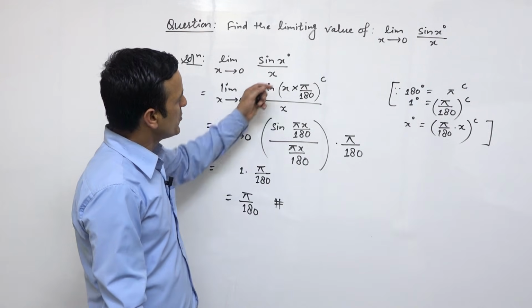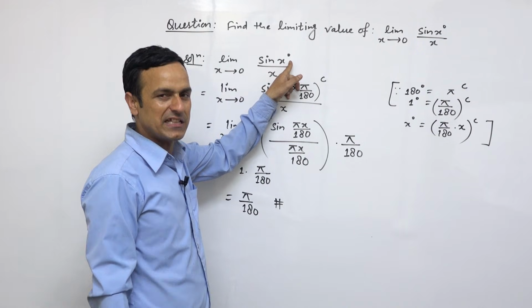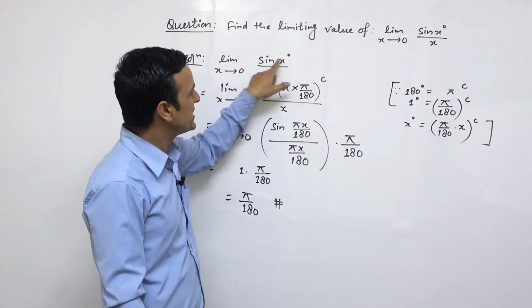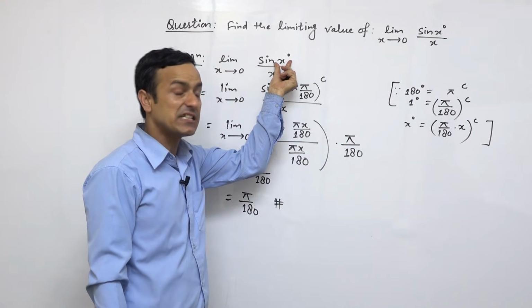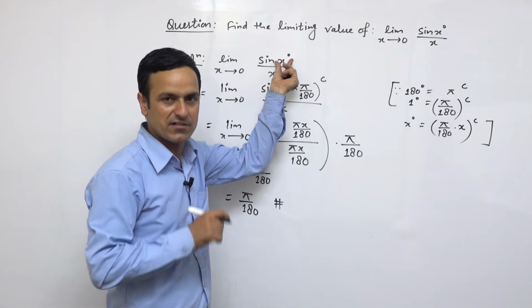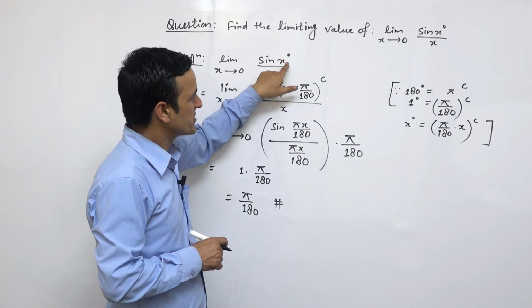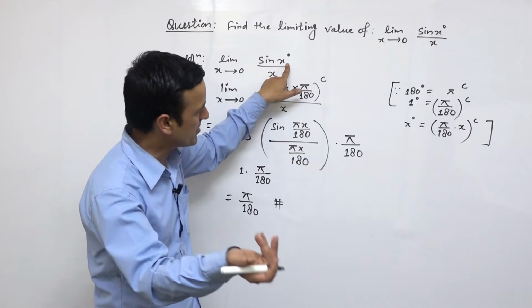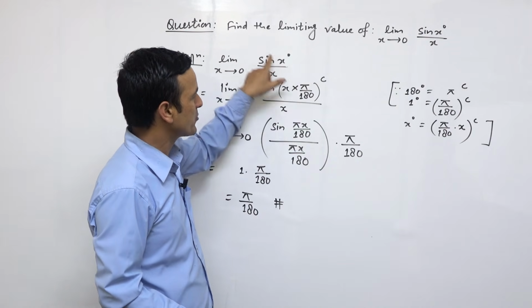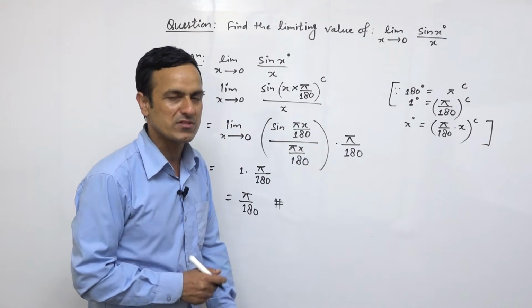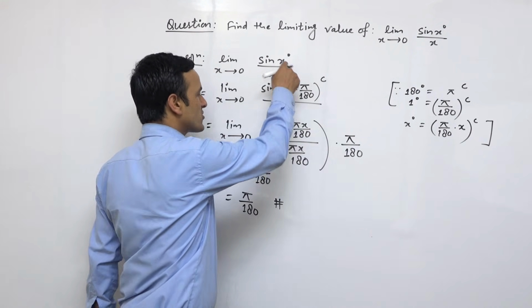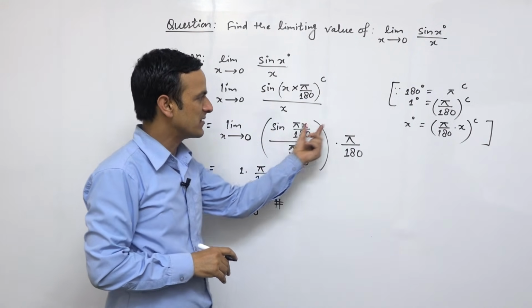So the geometrical meaning, as we study in the theorem, is that for sin theta by theta, theta is always measured in radian. So first of all, don't leave any question in degree; convert it into radian, and once it is in radian, our sin theta by theta is always 1. So the angle should be expressed in radian like this.